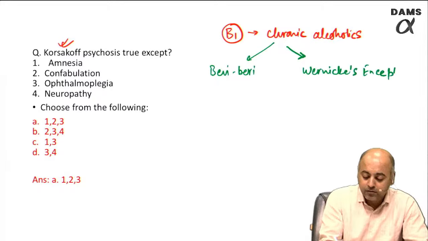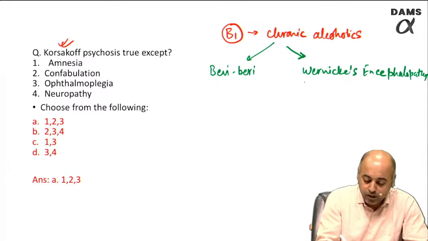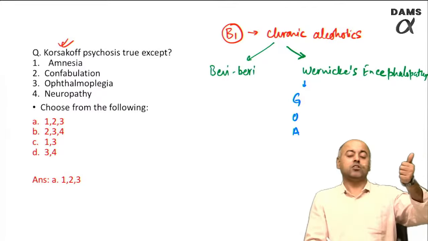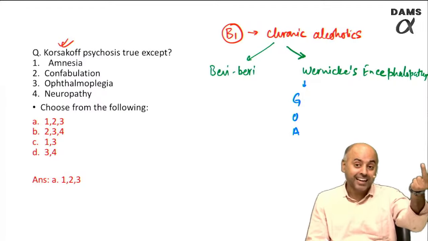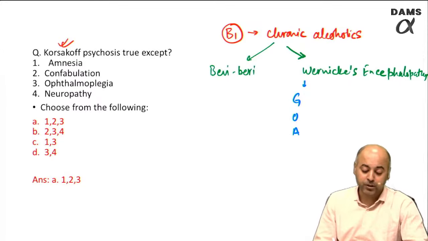encephalopathy, and I'm sure most of you know the features of Wernicke's with the help of the mnemonic GOA: global confusion, ophthalmoplegia and ataxia. So these are the features of Wernicke's encephalopathy.